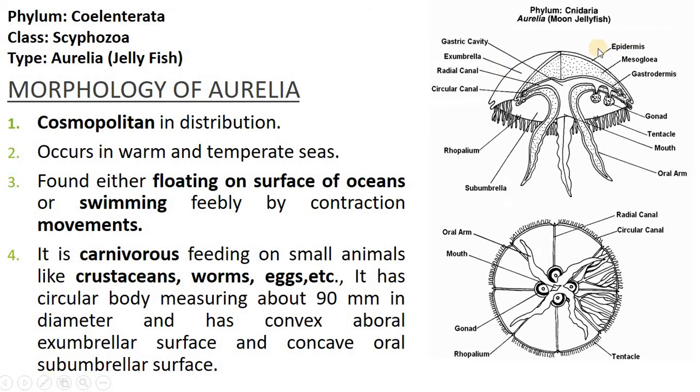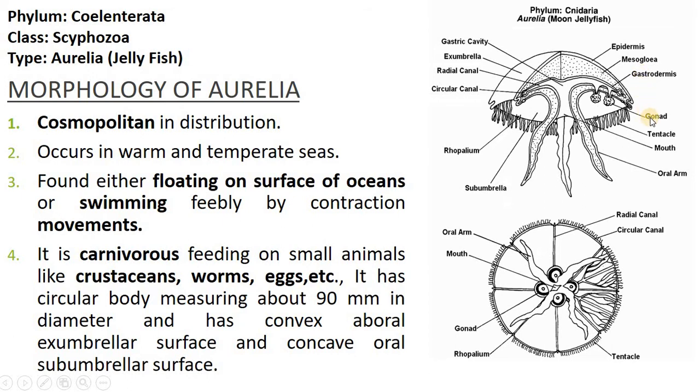Just observe the photographs of Aurelia, also called moon jellyfish because it resembles the moon. We find the epidermis and the central mesoglea, which is gelatinous and non-cellular, and gastrodermis or endoderm.